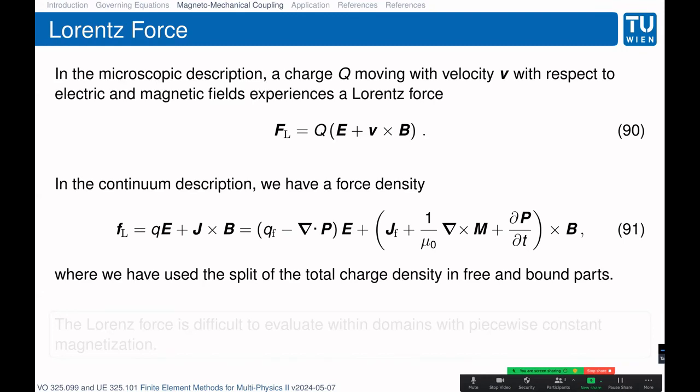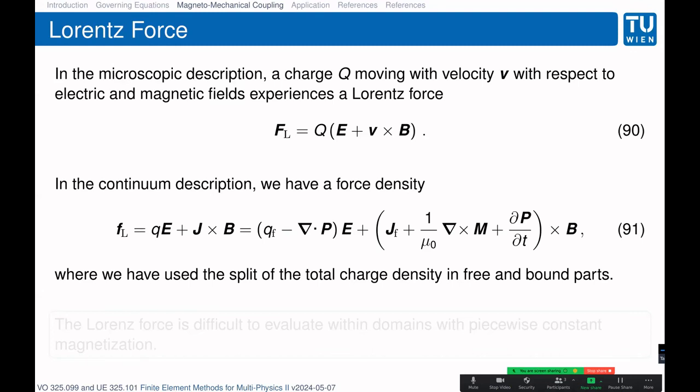And if you now introduce the material relations we have, for B and for E, you can expand this formulation and see the different components that the force density in magnetics can have.